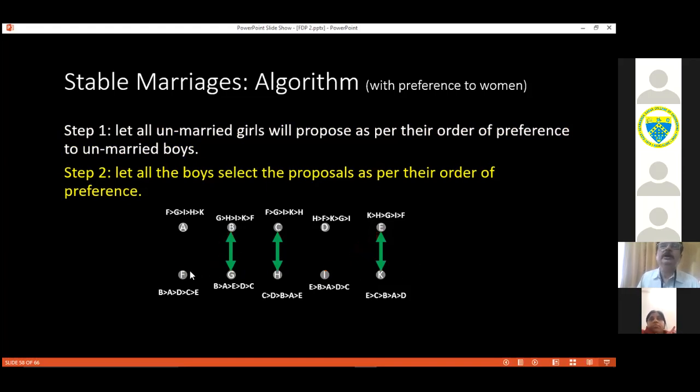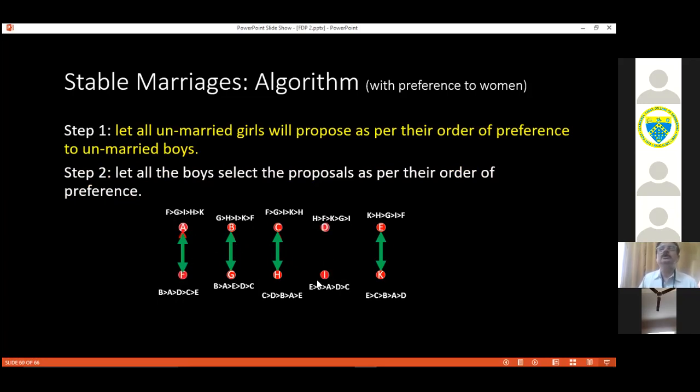Next, the unmarried girls again start to propose. F will propose only to the unmarried, either A or D. Of A or D, A is most preferred, so F will prefer A. Next, I will prefer out of A and D. A is most preferred, so I will prefer A. The choice is left to A. A will choose the most preferred out of F and I. A chooses F, and rejects I. So this marriage will take place.